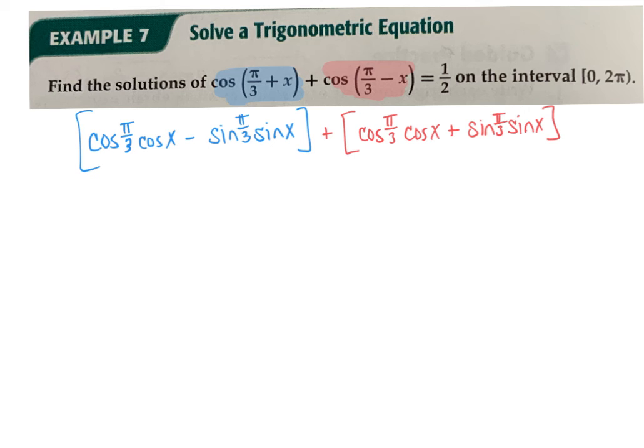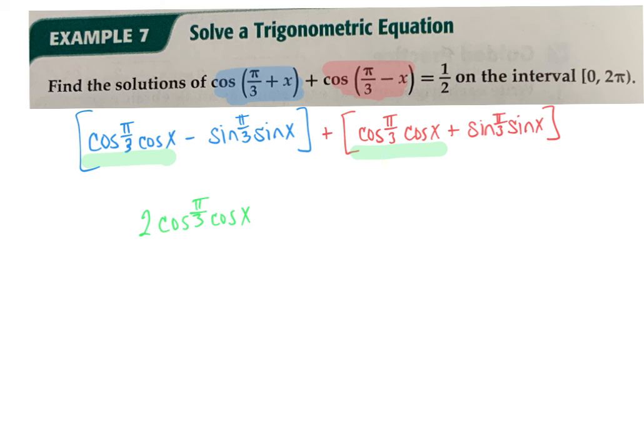All right. And so what actually happens here is I end up with two of these, right? So I have cosine of pi over 3, cosine of x, cosine of pi over 3, cosine of x. And so I end up with 2 cosine of pi over 3, cosine of x.